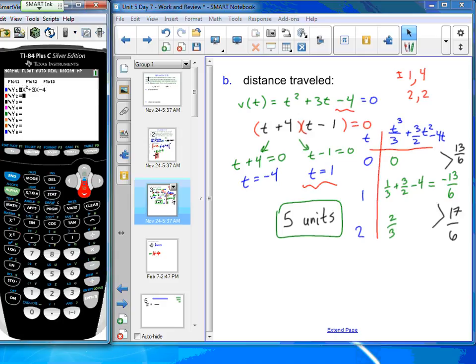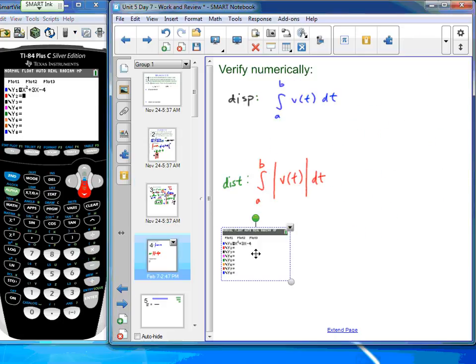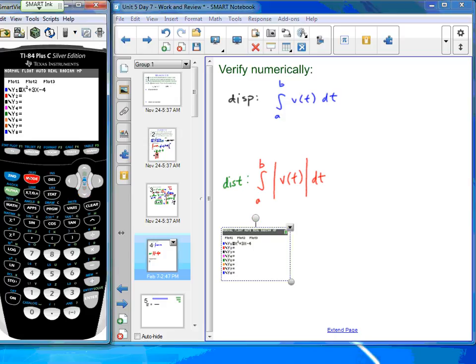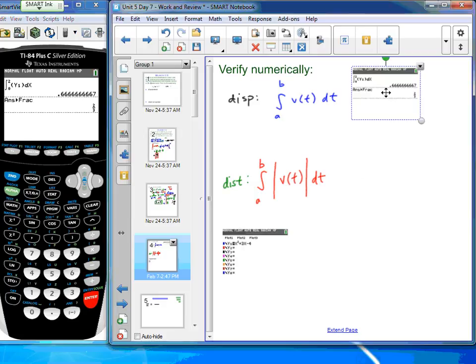On the home screen, we're doing math 9, going from 0 to 2 of vars, y vars, function y1 with respect to x, and it looks like our displacement is 0.6667. Yes, indeed. We get the 2/3 that we already got, so that's good news.